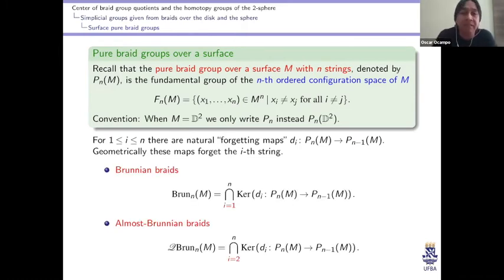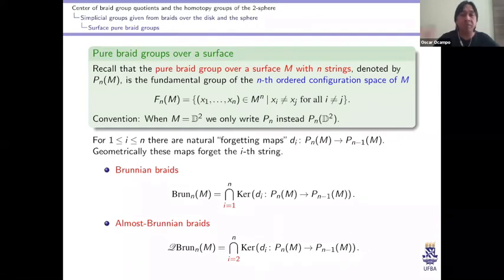We may define two subgroups of the pure braid groups over surfaces. The first one is called the Brunnian braid group. This Brunnian braid group of n strings over M is the intersection of the kernels of all the forgetting maps. I highlight here in red the i equal to 1, and the almost Brunnian braids start with i equal to 2.